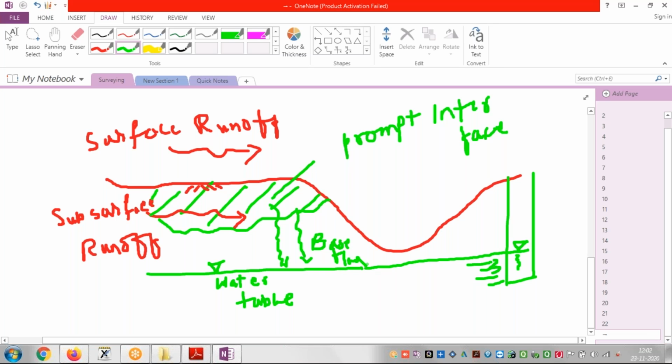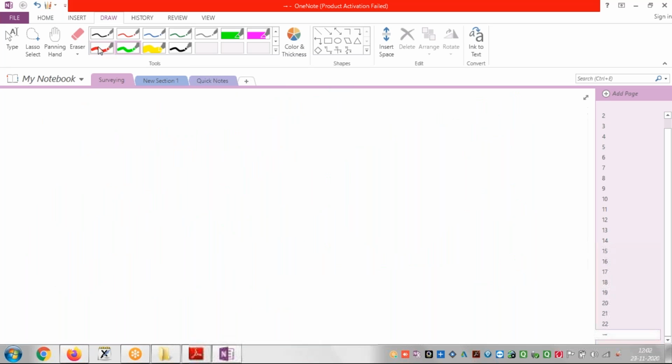So we can say that subsurface runoff is of two types. Is it clear to you? Student, is it clear?